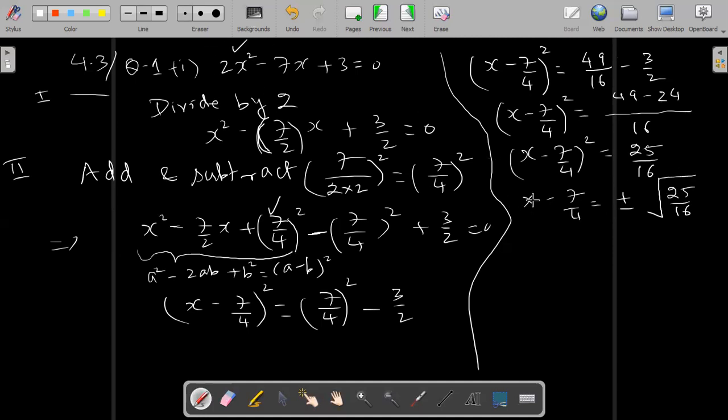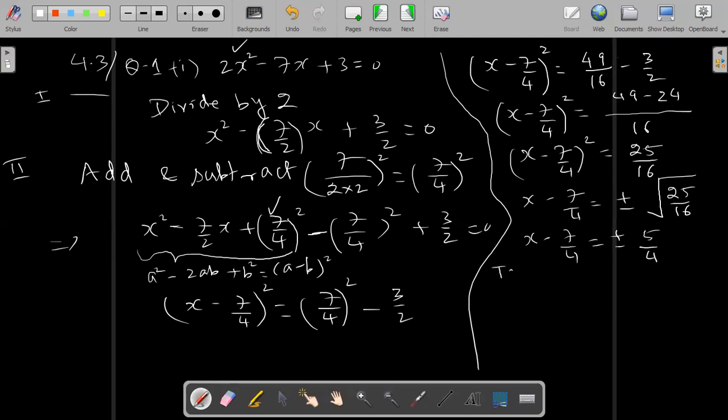You know that there are two roots, so we will get two answers. x minus 7 by 4 is plus minus, where the square root of 25 is 5 and the square root of 16 is 4. Now we will take the positive sign first. Plus minus means we take the positive sign first and then the negative sign.